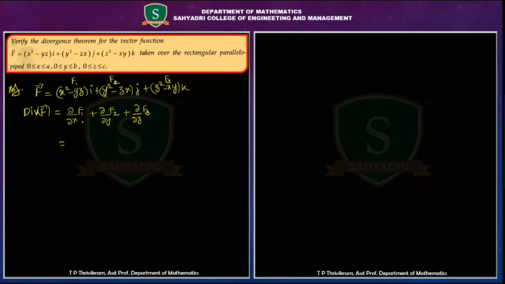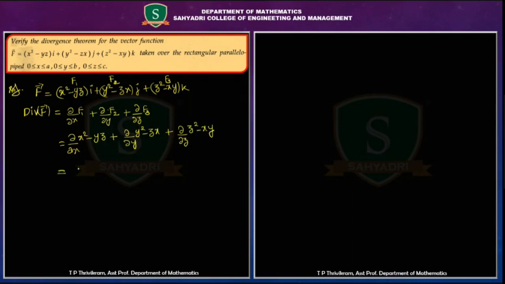Okay. So dou f by dou x, that means dou by dou x of x square minus yz plus dou by dou y of y square minus zx plus dou by dou z of z square minus xy.